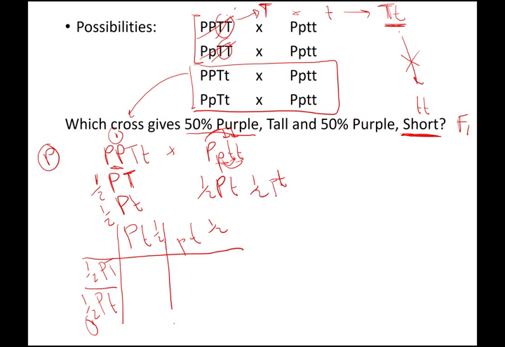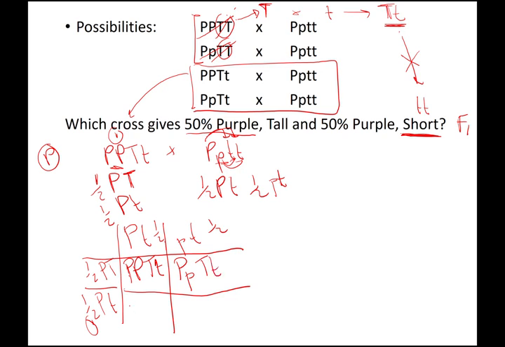So what do you get from this combination here? You will get 1/4 of the plants, each one of them is 1/4, so it will be homozygous dominant for the color, so purple and tall, purple and tall in terms of phenotype. These will be heterozygous for both, purple and tall too, right?